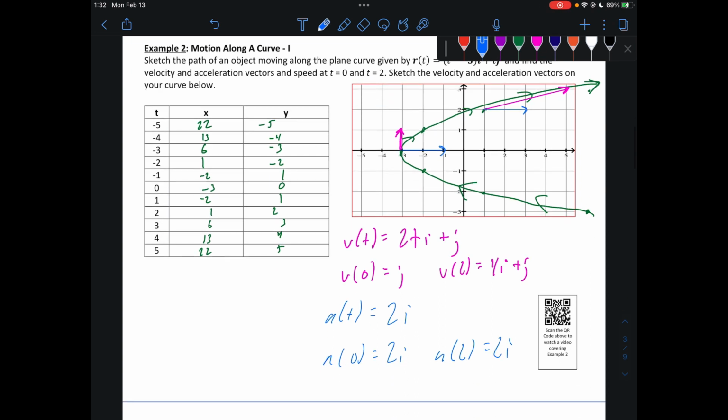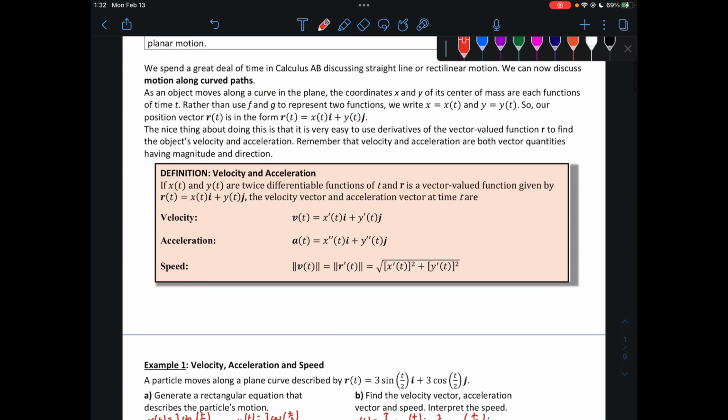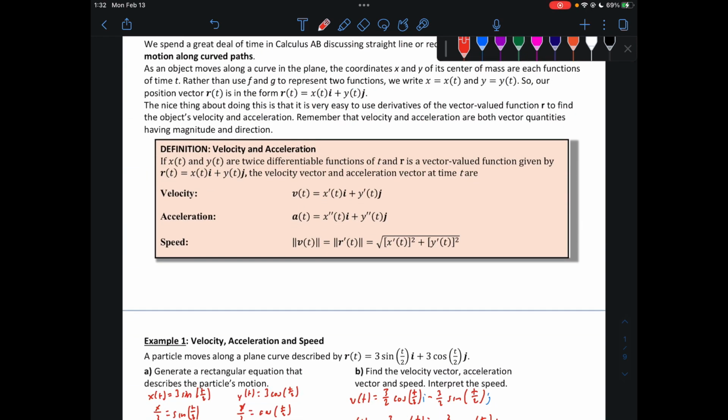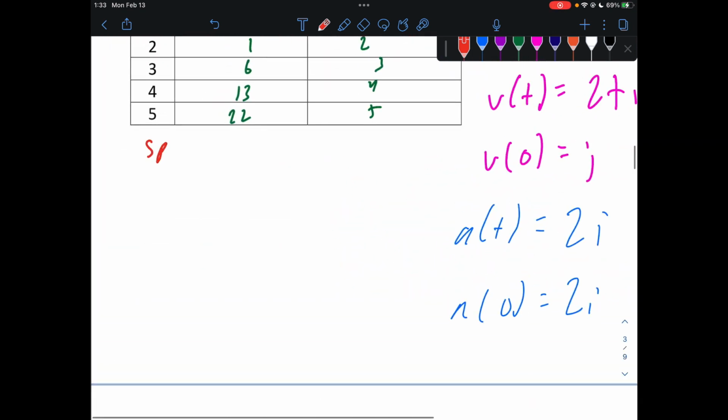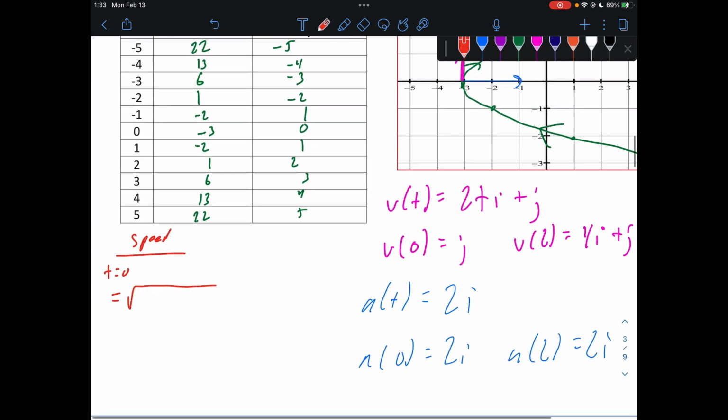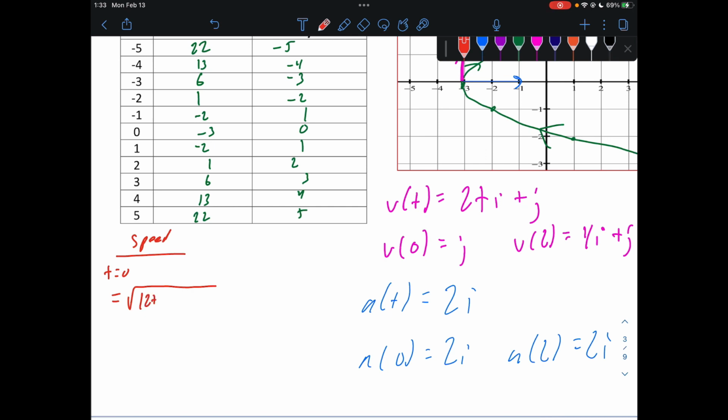Okay, and then the speed at each of those points, remember we're using that formula right there, root x prime squared plus y prime squared. So for the speed at t equals 0, it would be the square root of x prime squared, so 2t squared plus 1 squared.